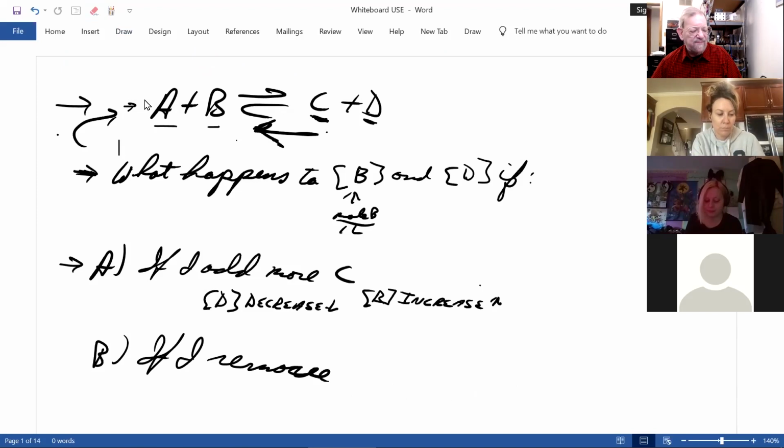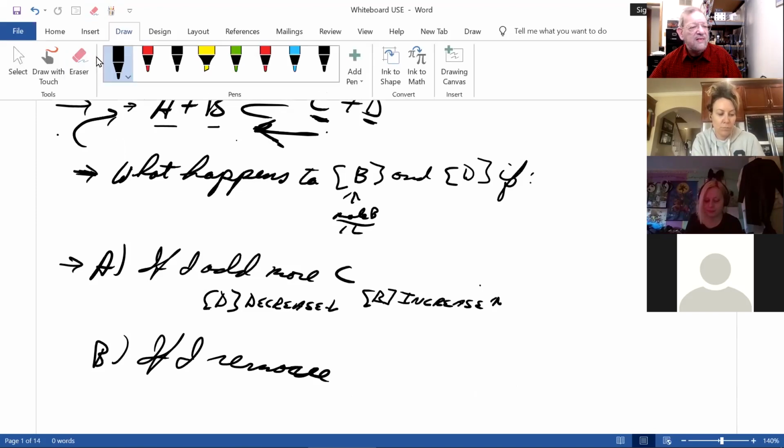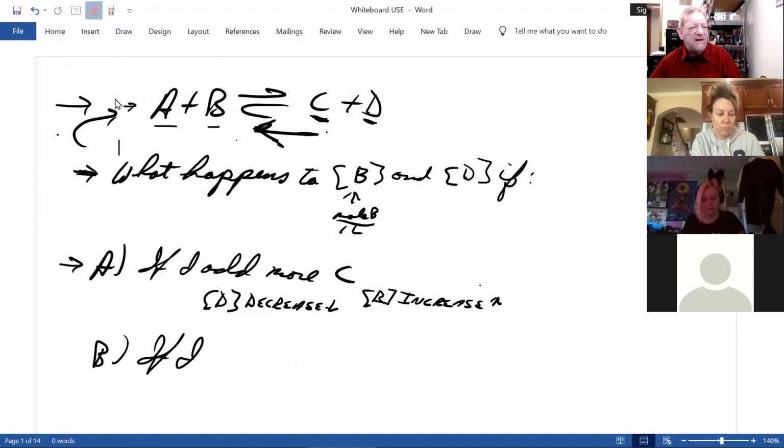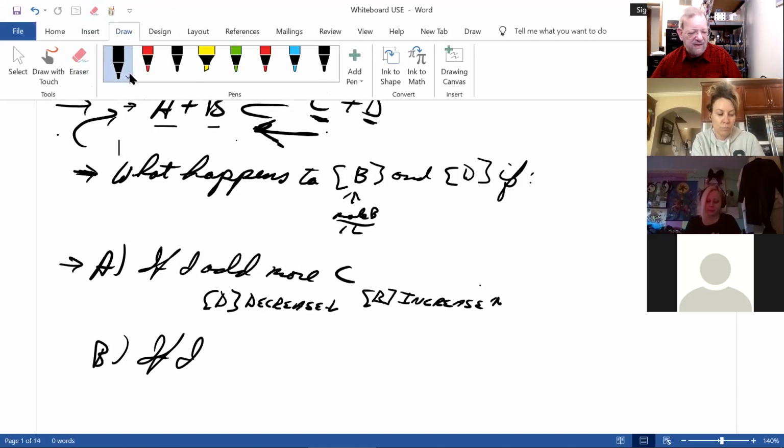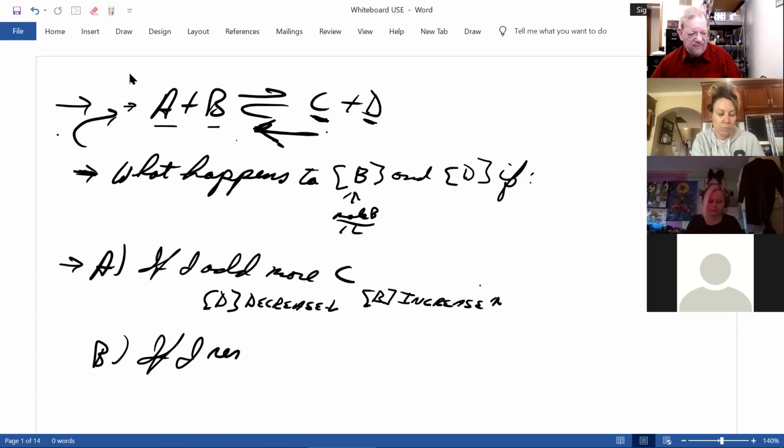That looks better. Why don't you try this one? What happens to the concentration of B and D if I remove some C? Your turn.